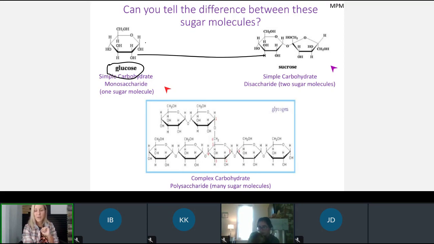Yeah, you're right. What we see here is that this looks smaller, and it's because it is. This is a simple carbohydrate, our monosaccharide. Here you're going to see sucrose. It's a disaccharide, and you can see that it is two molecules joined together by this oxygen that they share to make a di, or two, sugar compound.